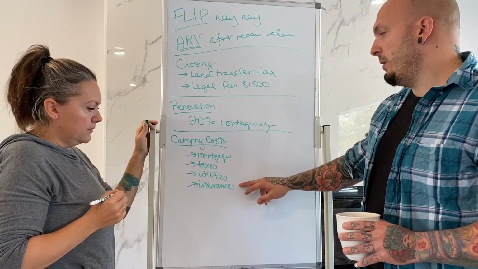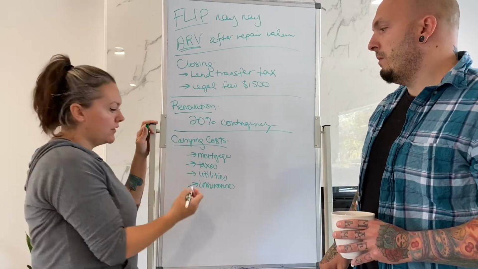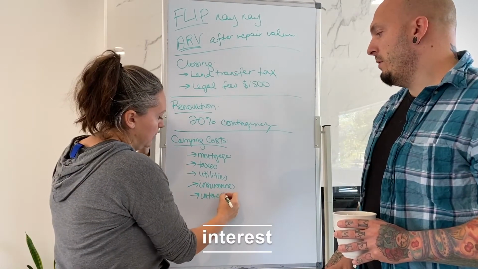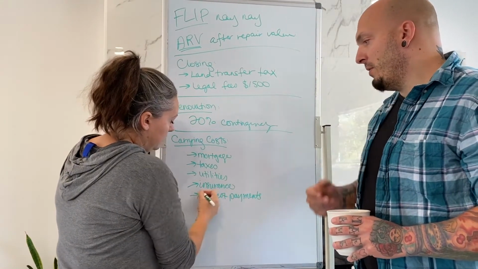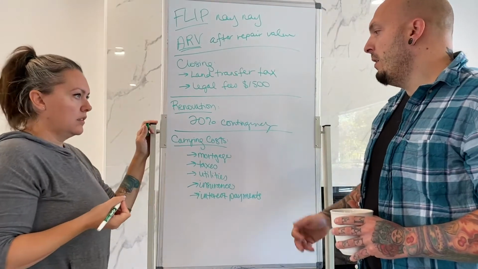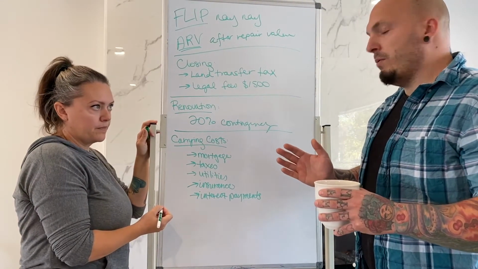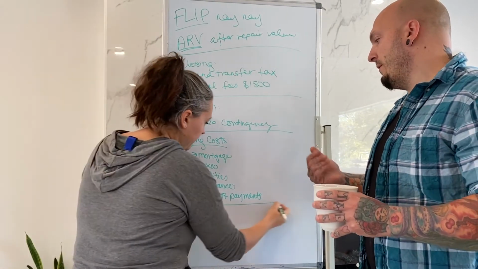And if you're borrowing renovation funds, you're going to have interest on that as well. That can accumulate pretty quick, and it's not too hard to get up to like $4,000 a month in carrying costs. So the quicker you can get the project done, the more you save. If you can shave 2 months off the whole project, you're saving like $8,000.